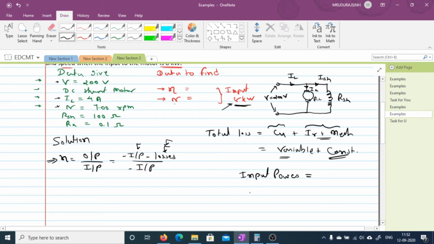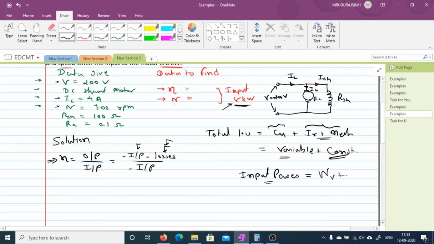So when motor is running at no load condition, the input power of that motor is equal to variable plus constant loss. Let me write this in this manner.